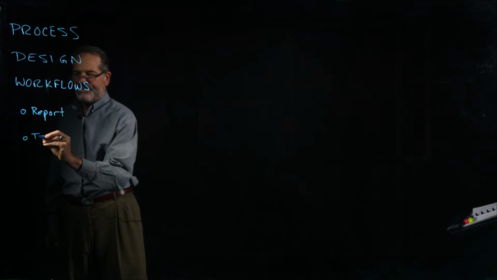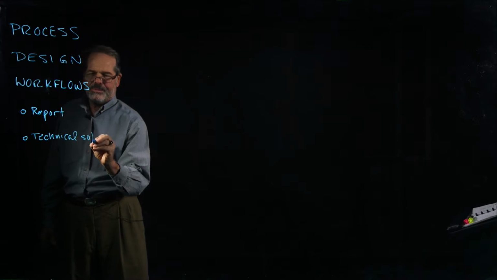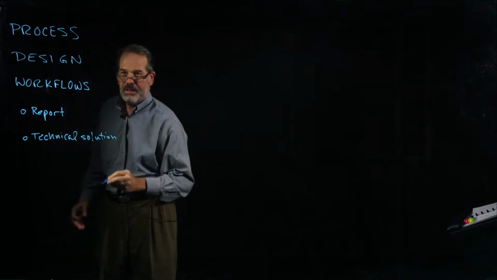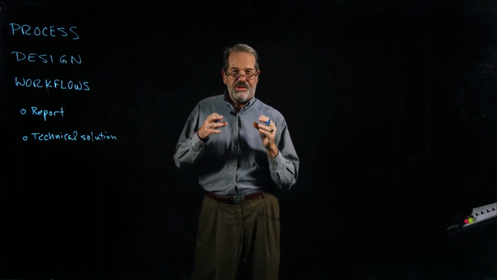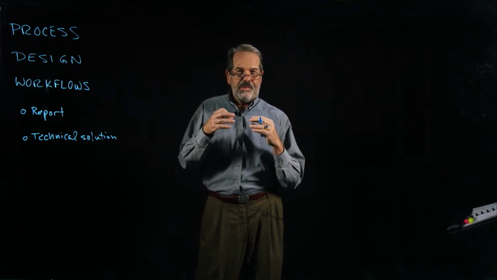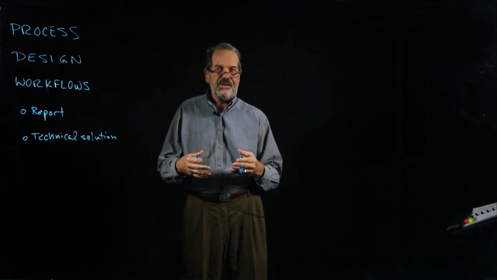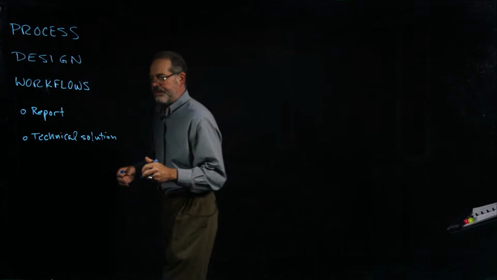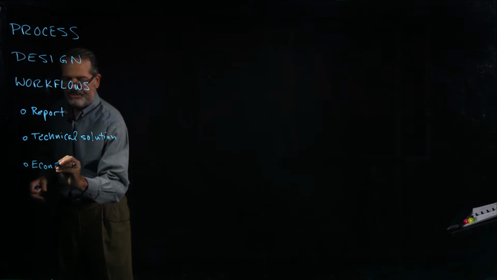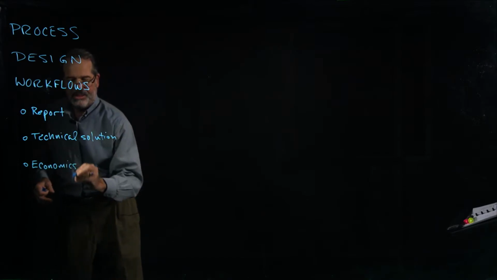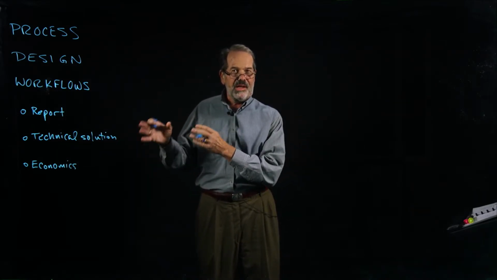We will grade the technical solution, and that would be your assumptions, the process design, what you have done with the physical chemical properties, the final results, material and energy balances, cost, etc. We're also going to grade separately the economics. And in general, when we optimize something, it's going to be optimized with respect to economics.